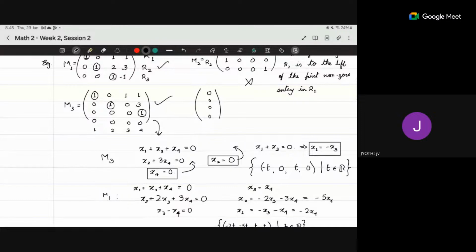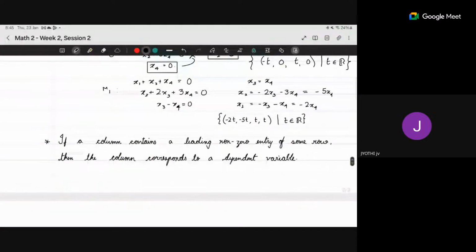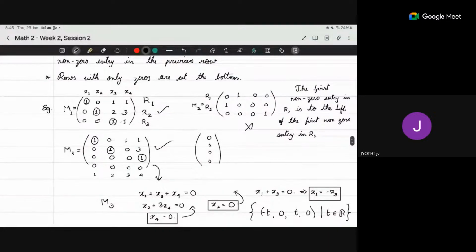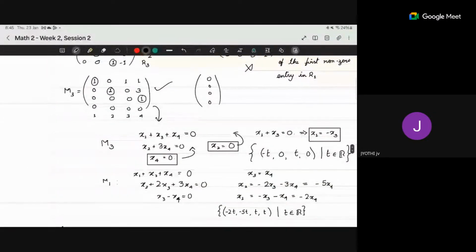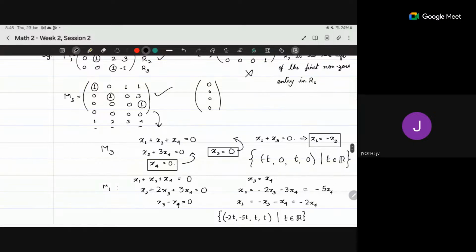These are dependent variables. That's what is written over here. If a column contains a leading non-zero entry of some row, then the column corresponds to a dependent variable. Whatever is not dependent is independent. So you mark the leading non-zero entries in each row, and those columns are dependent, the rest are independent.